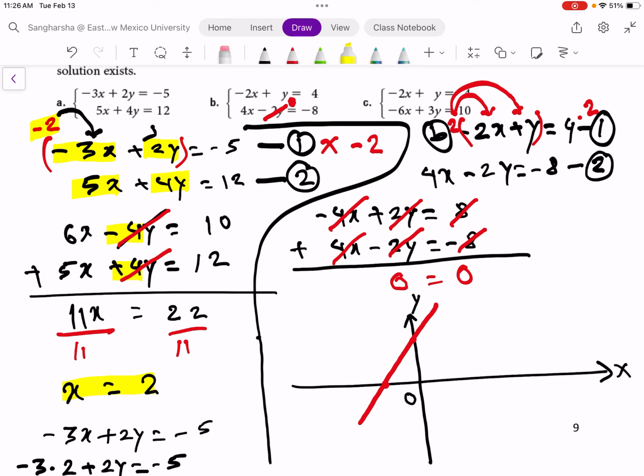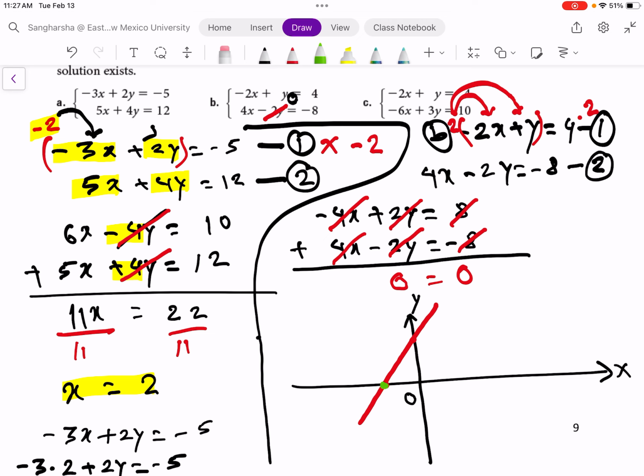So this y is 0. So if y is 0, then we have 4x equals -8. You divide both sides by 4 and you get x equals -2. So (-2, 0) is the x-intercept. So we have the x-intercept here.